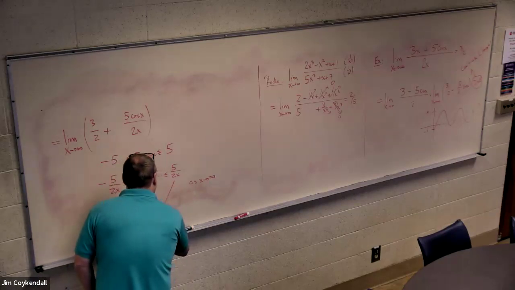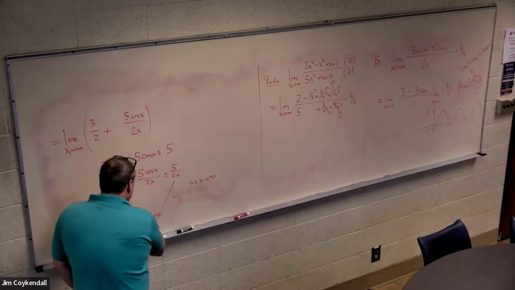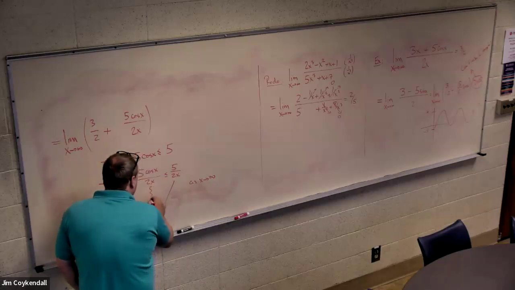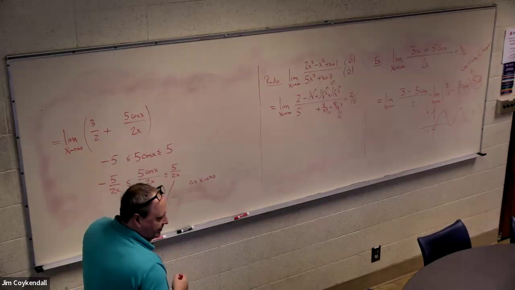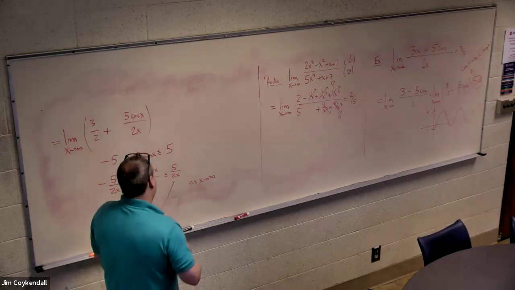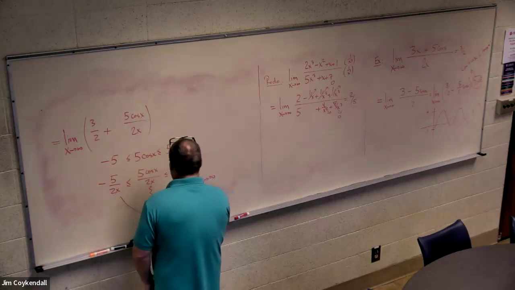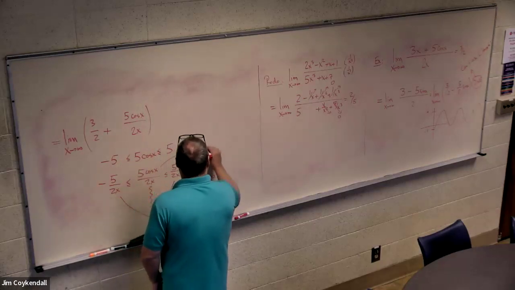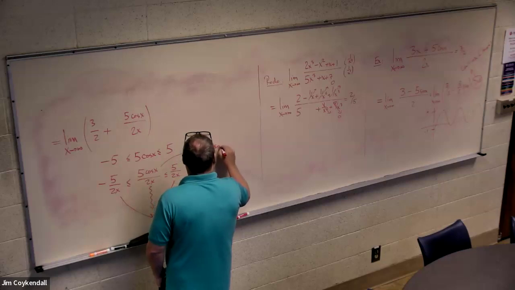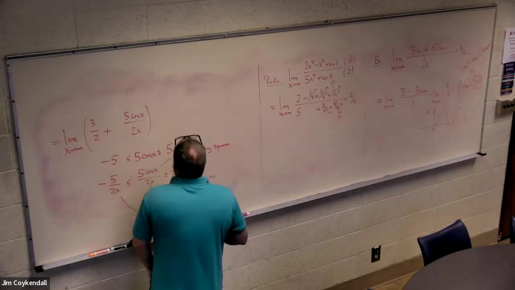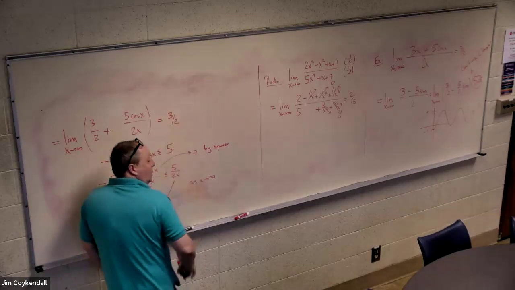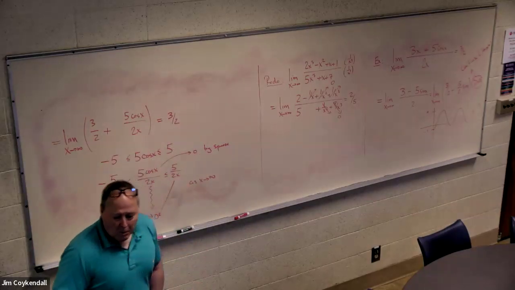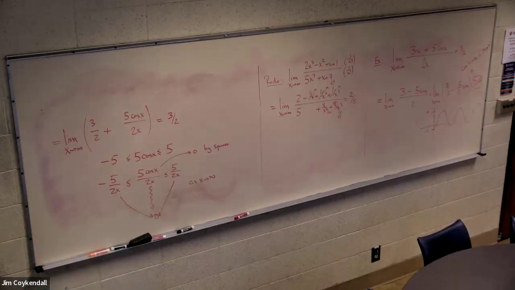Good. And the same with the minus sign, right? So what happens to this guy? So the moral of the story is L'Hopital is a powerful, powerful tool, but you cannot depend on it to be there for you 100% of the time.